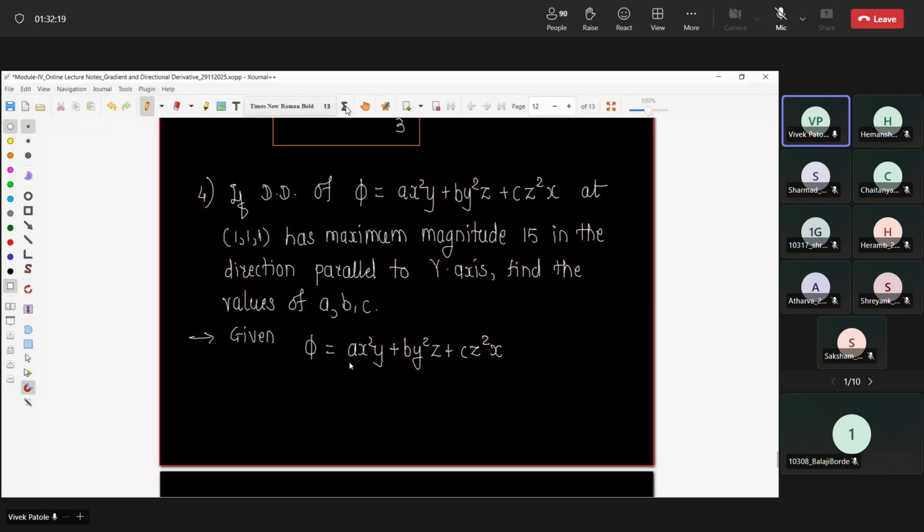Now we are going to obtain del phi because the directional derivative and its maximum magnitude have been given.